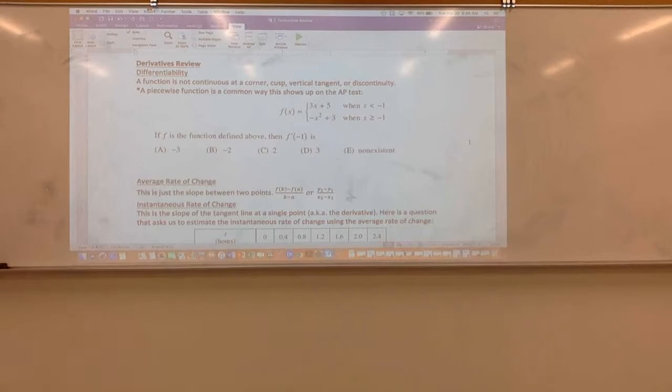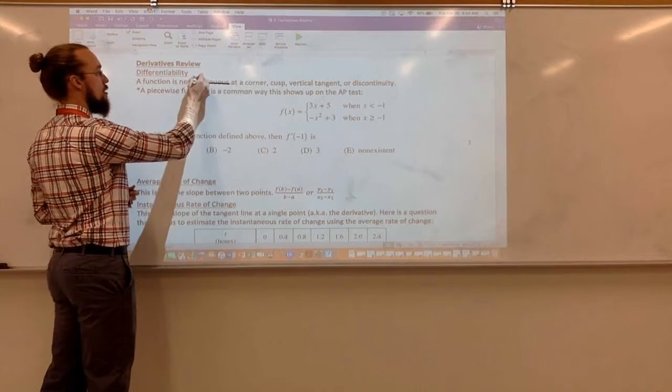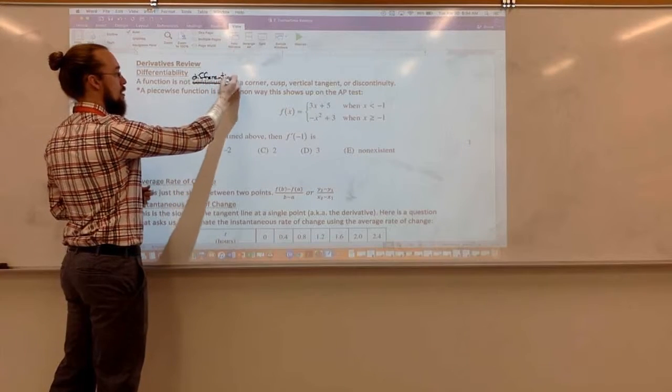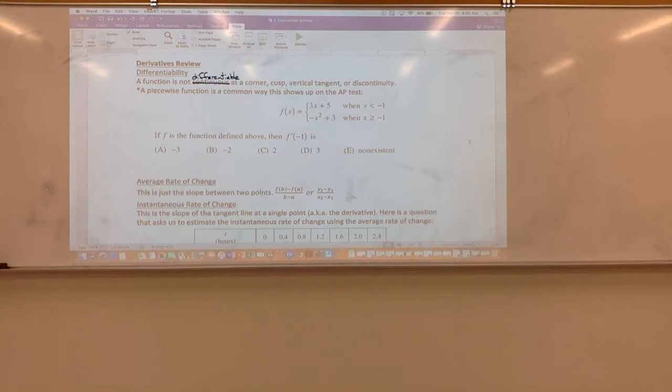A function is not, that shouldn't say continuous, that should say is not differentiable at a corner, cusp, vertical tangent, or discontinuity. The most common way this idea shows up on the AP test is in a piecewise function. So this is a nice example.